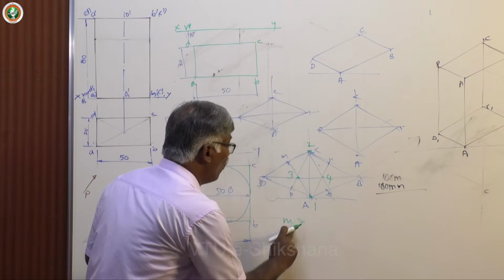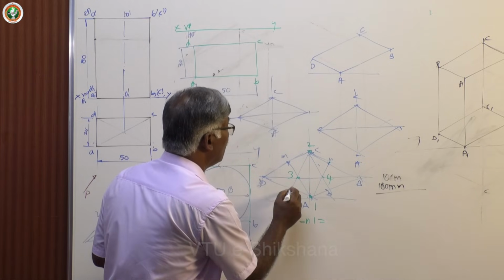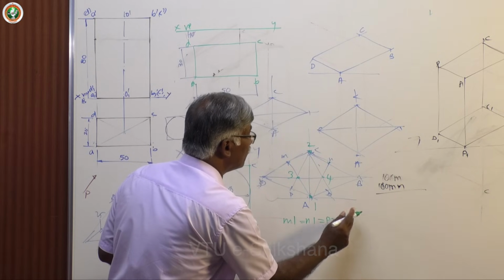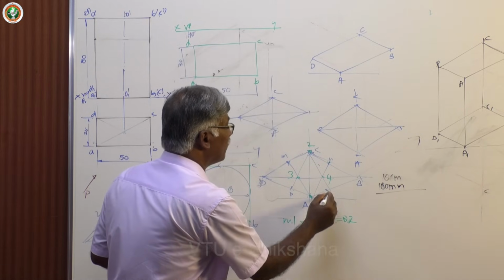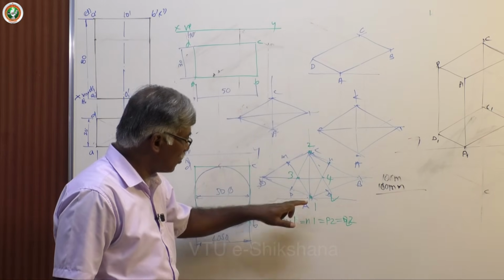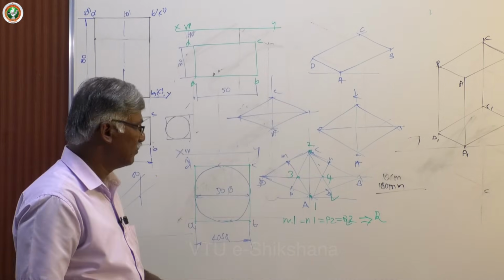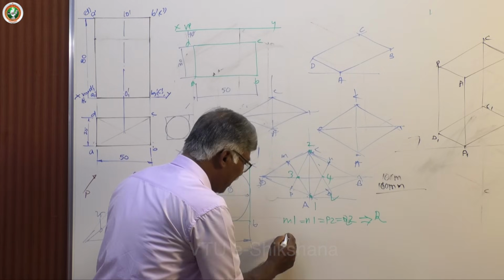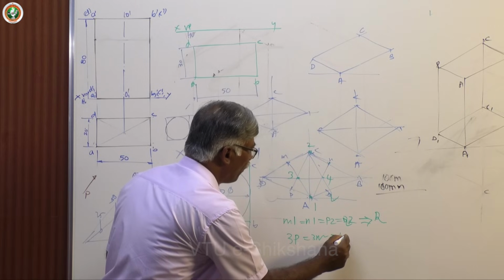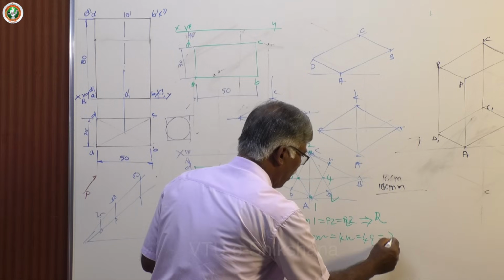Now, M1 equal to N1, that is also equal to P2, that is also equal to Q2. 2P equal to 2Q, that is also equal to 1M, 1Q. Let me identify this as capital R. Then 3P equal to 3M, that is also equal to 4N, that is also equal to 4Q. That is small r.